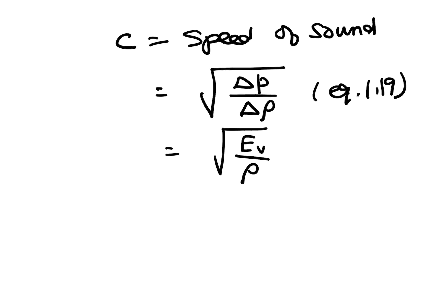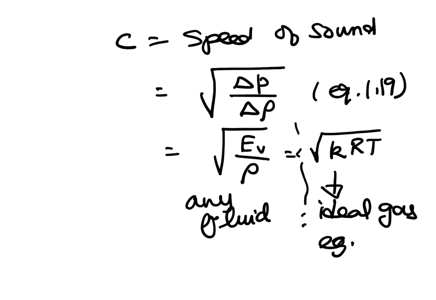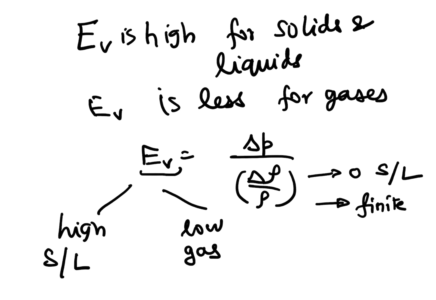This is the bulk modulus divided by the density, and it is equal to the square root of kRT for an ideal gas. This part is true only for an ideal gas. This is true for any fluid. Okay, you just need to know these concepts. This is equation 1.20.